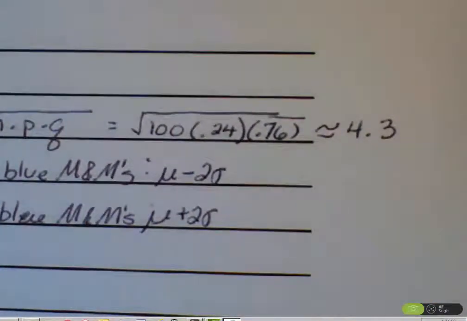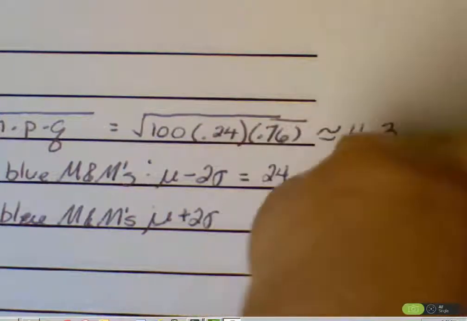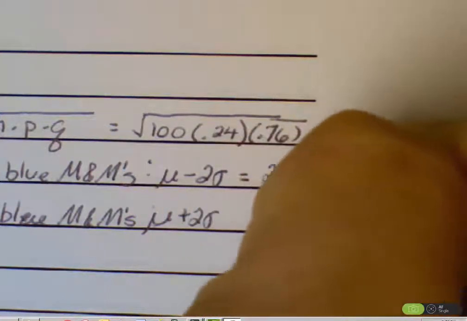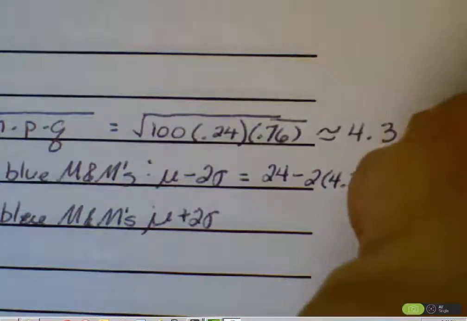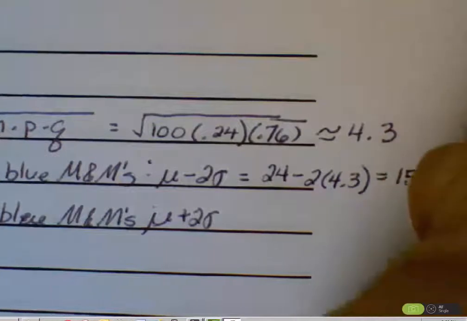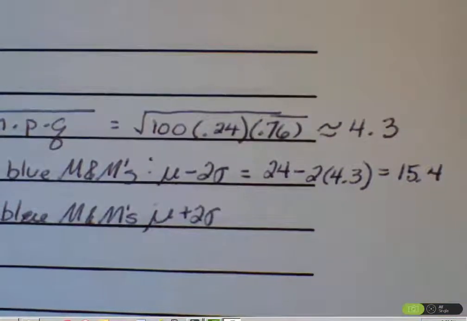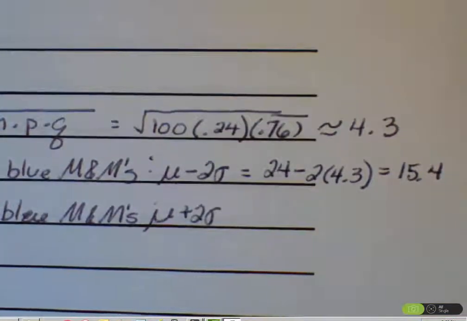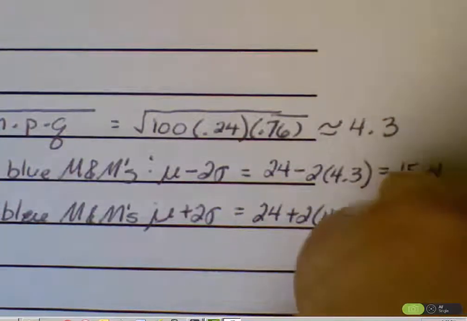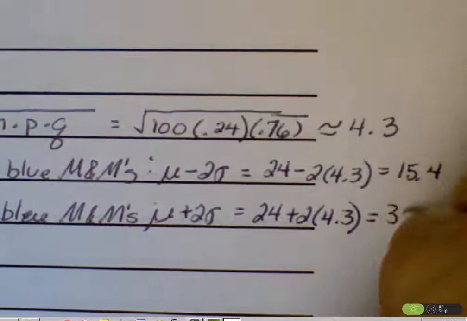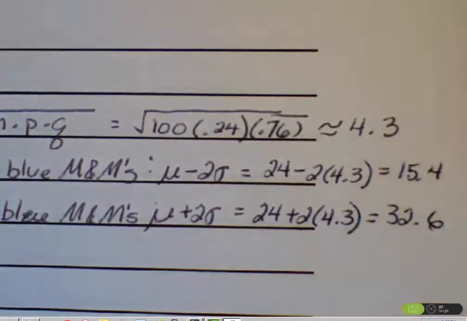So for this problem, the minimum number of blue M&Ms would be 24 minus 2 4.3s. That's 15.4. And the maximum usual number of blue M&Ms would be 24 plus 2 standard deviations, or 32.6.